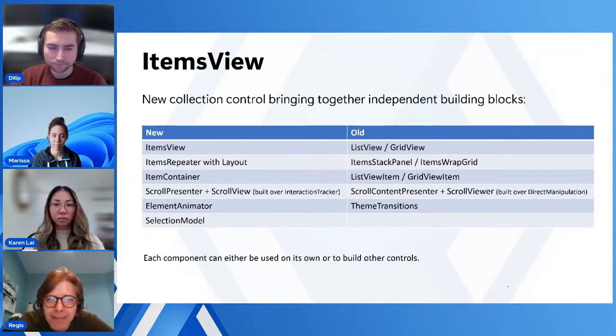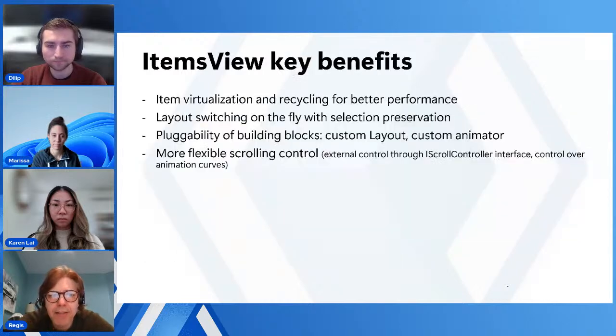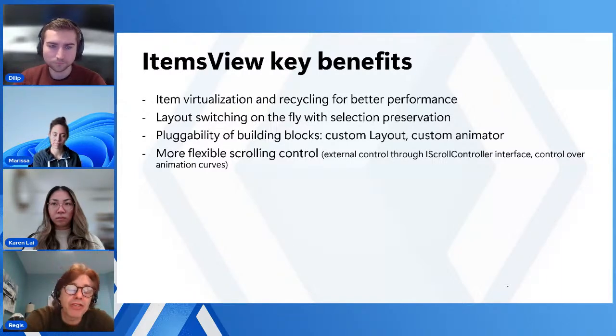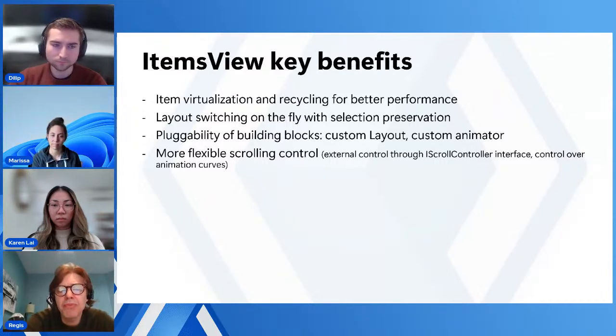So Gabi, let's talk about the next slide. A few benefits of the items view control. We really focused on performance, which involves a lot of virtualization and recycling of the items as the user scrolls through the collection.